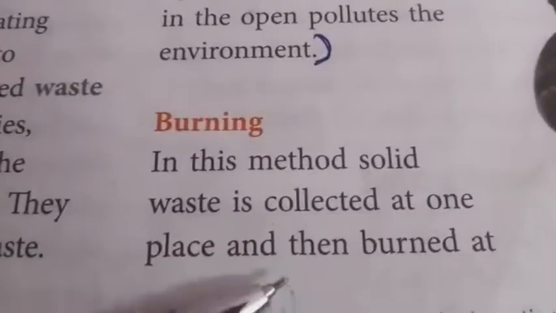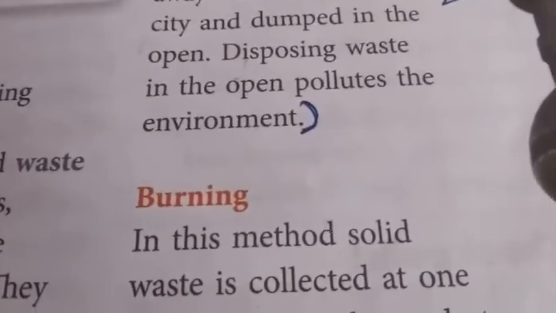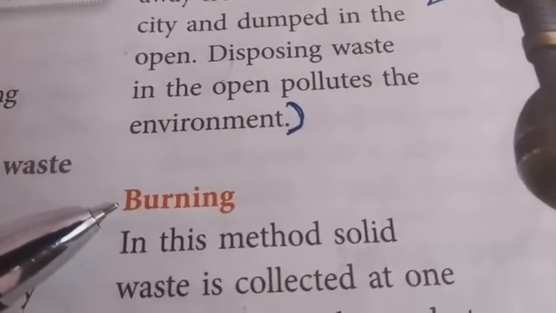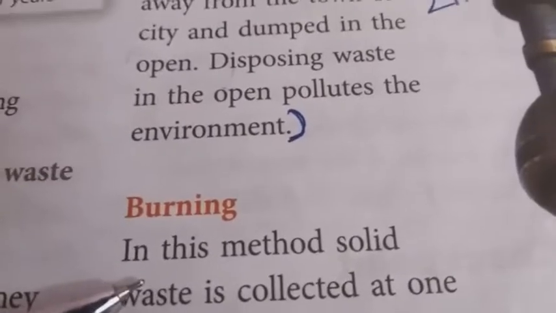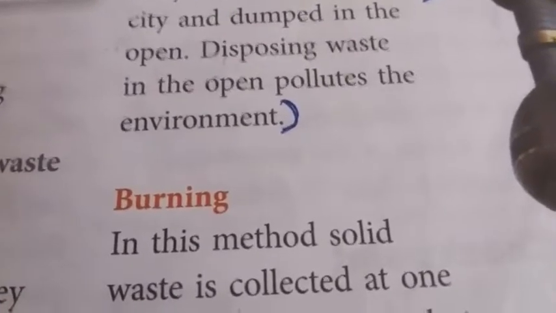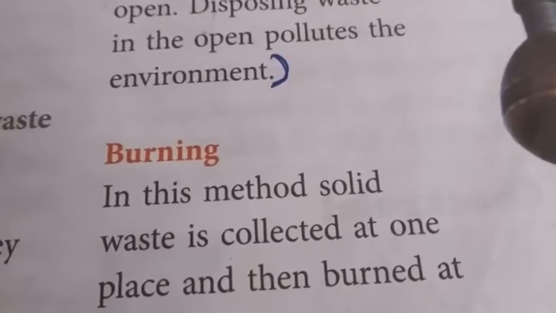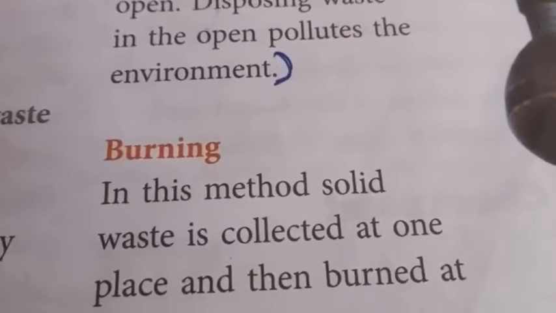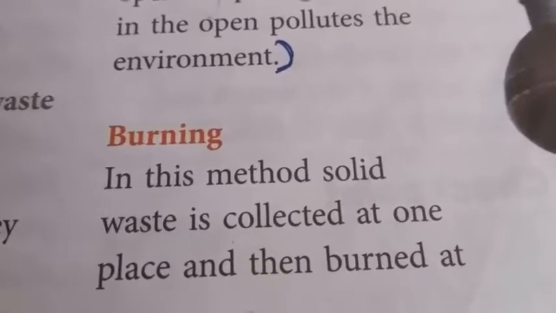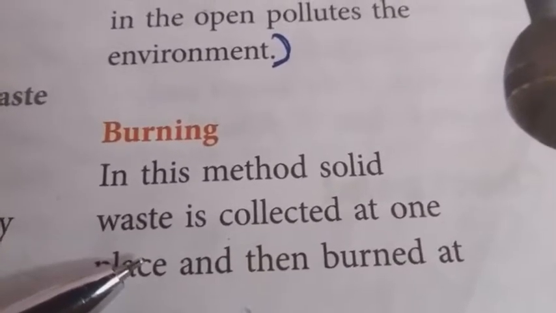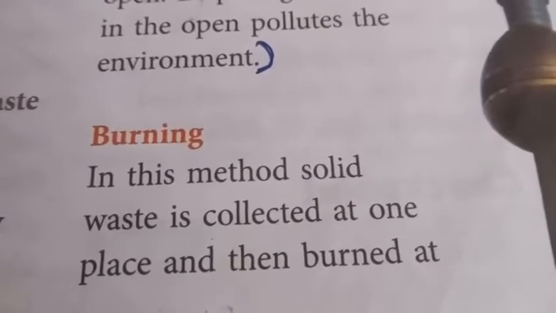And the next way of waste management is burning. What do they do? Burning means burning the waste material. In this method, solid waste is collected at one place and then burned at another place. Got it? The solid materials they collect and burn in a particular place.